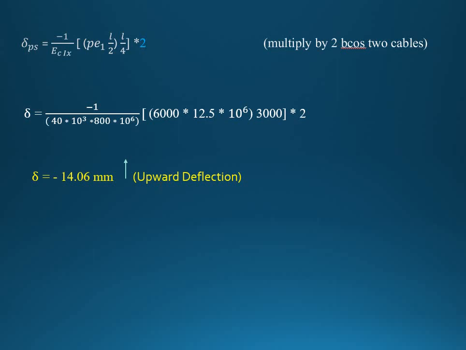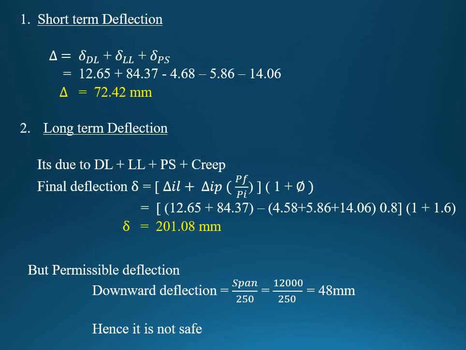Now everything is ready: deflection due to dead load, deflection due to live load, deflection due to pre-stress for different cables. Now let's calculate the short-term deflection. I have said the short-term deflection occurs due to deflection due to dead load, deflection due to live load, and deflection due to pre-stress.